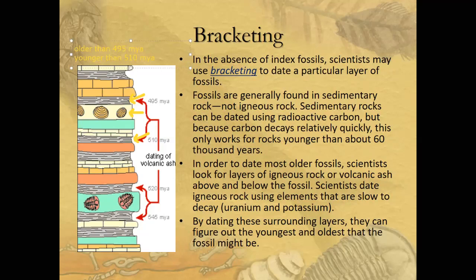And so we need to rely on igneous rocks, those that are formed by volcanoes, where we can actually get uranium, potassium, radioactive isotopes to test for. So it's a combination of both relative and radioactive dating that allows us to have a pretty reliable time scale for when events happened in the history of our planet.